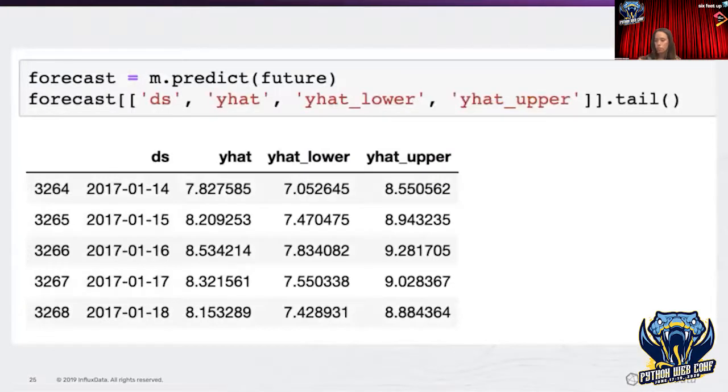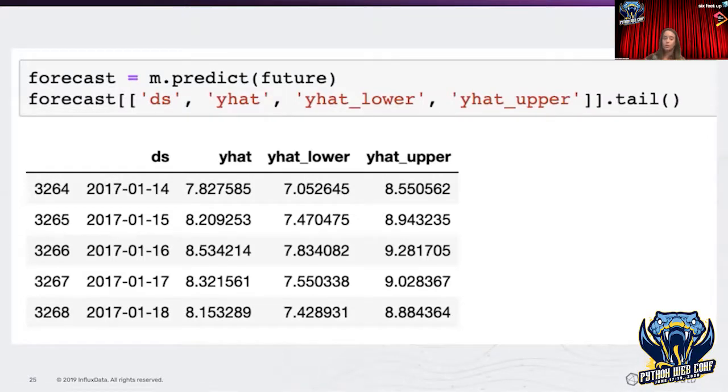So now we can use the predict method, and it'll assign each row in that future data frame the predicted values, which it calls yhat. And it will also include a lot of other values, for example, confidence intervals, which are yhat_lower and yhat_upper. And that's all there is to it.